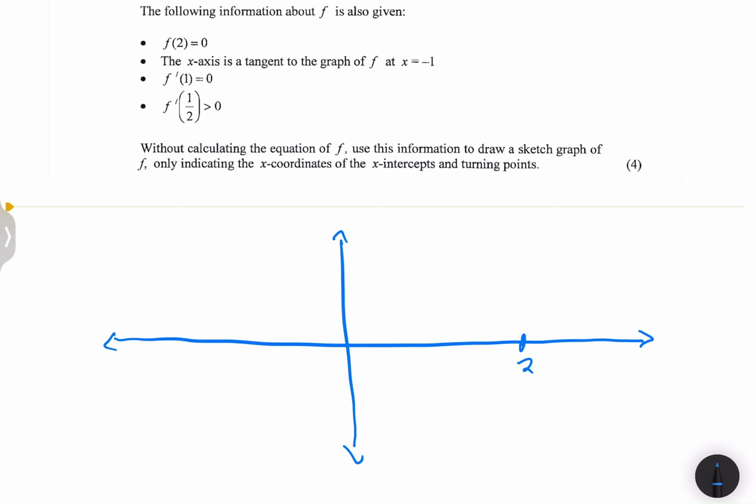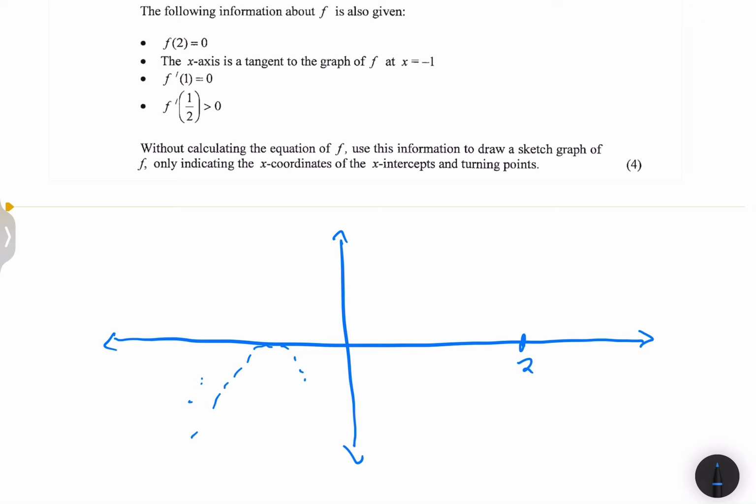And then they say to us the x-axis is a tangent to the graph at x is equal to minus 1. Now, how can the x-axis become a tangent? This is only when there's a turning point at the x-axis. So if a is greater than 0, we're likely to see a graph that does something like this at x is equal to minus 1.